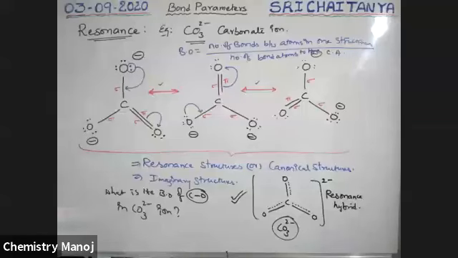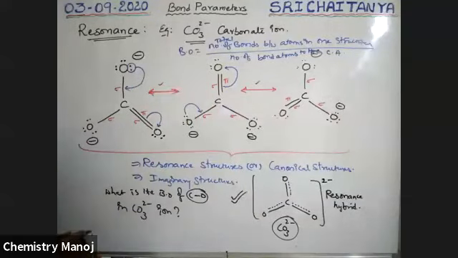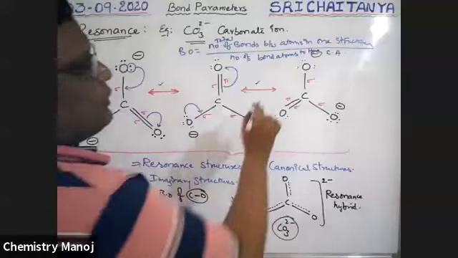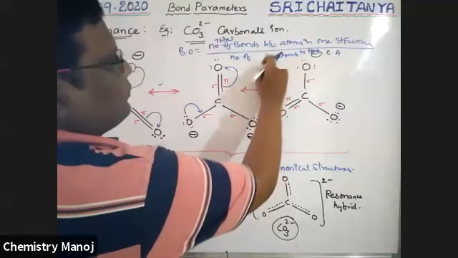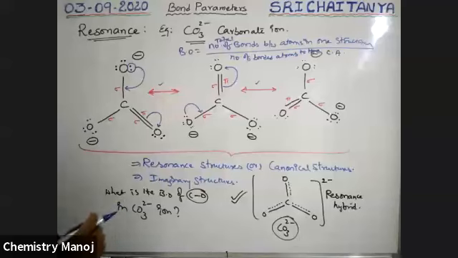Number of bonds between atoms in one structure by total number of bonded atoms to the central atom.